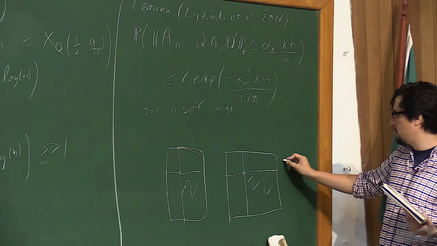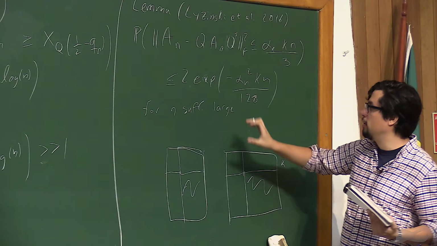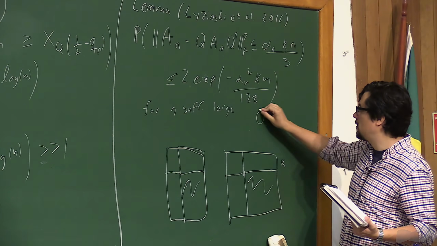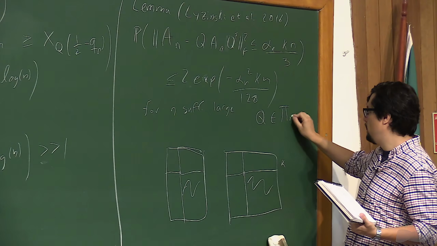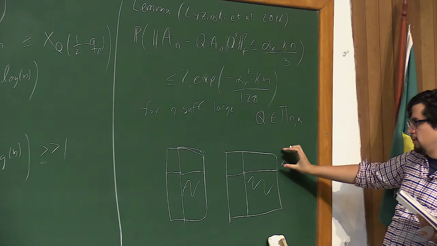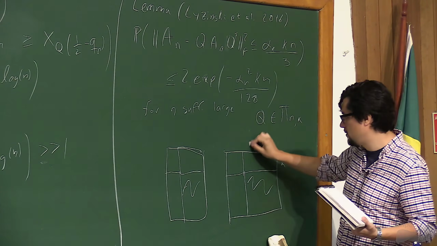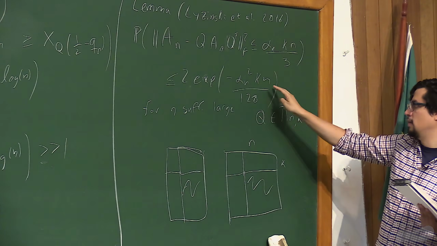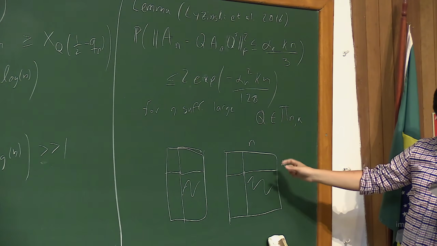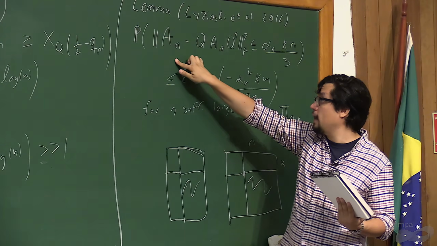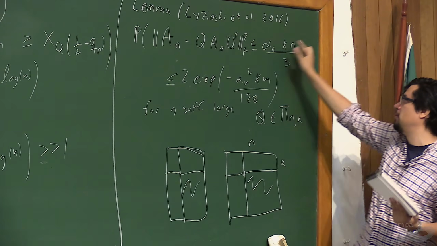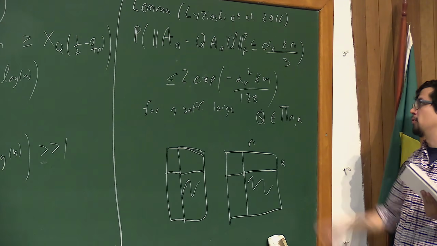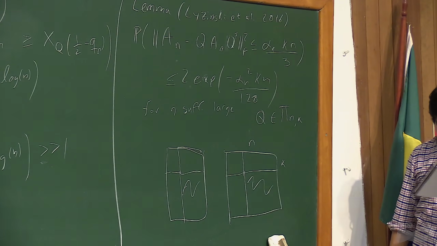But this has size k. We're using a permutation Q in P and K, so we're permuting k rows of this adjacency matrix. And this has size n. So basically, we have about n times k random variables in this function. So that's why this upper bound is on the order of k times n times alpha n, which is the probability.